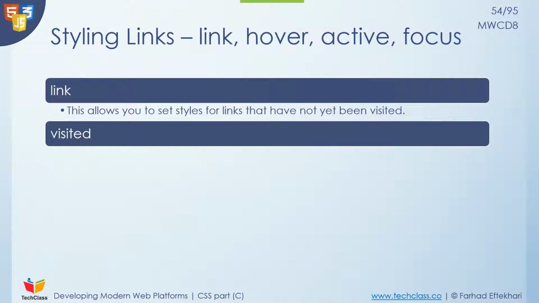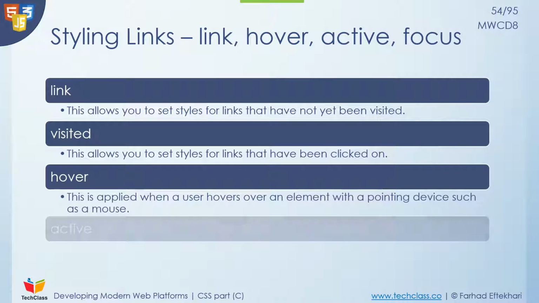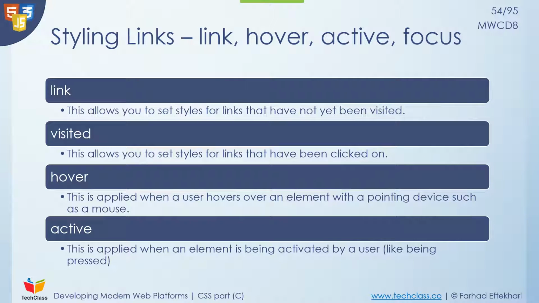And then we have the concept of link, visited, hover, active, and focus for styling links. They are very practical, very beneficial. You can assign some colors to your links, and then you know that the link is going to have some color. You definitely encounter the situation that you went to a web page, and you see some of the links have a different color because you already visited those pages.